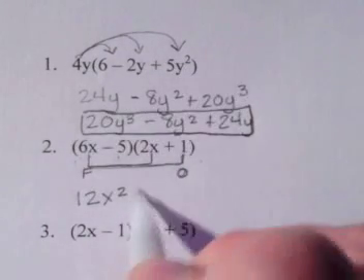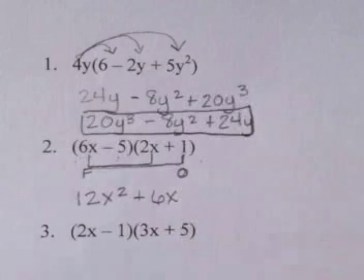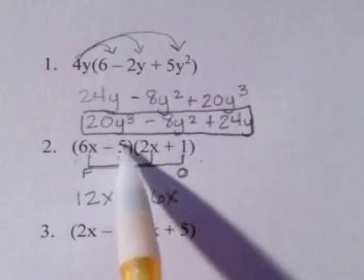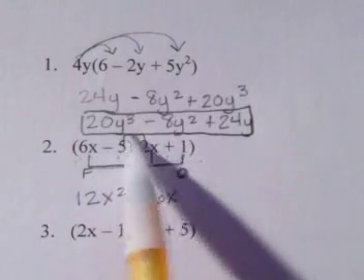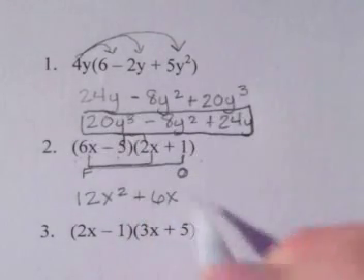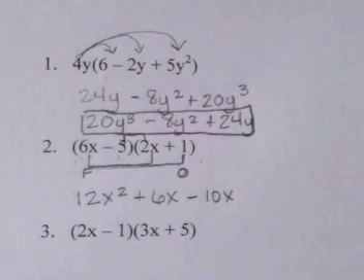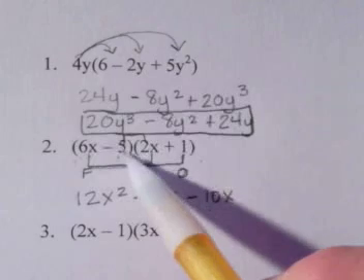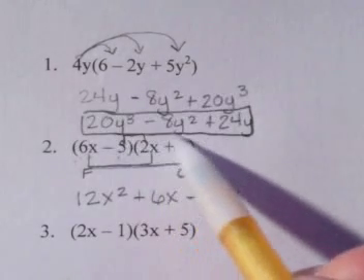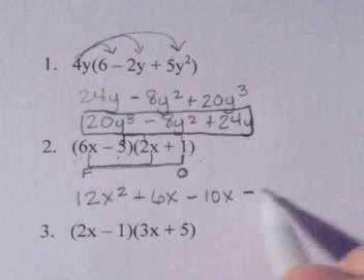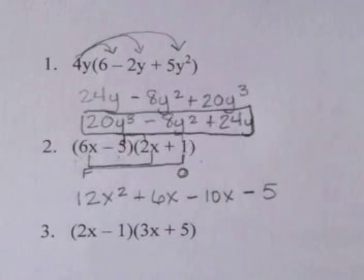So 6x times 1 is 6x. Now I've done my first and outer. Now I'm going to multiply my inner two terms, negative 5 times 2x, which gives me negative 10x. And then I'm going to multiply my last two terms, negative 5 times 1, and that gives me negative 5.